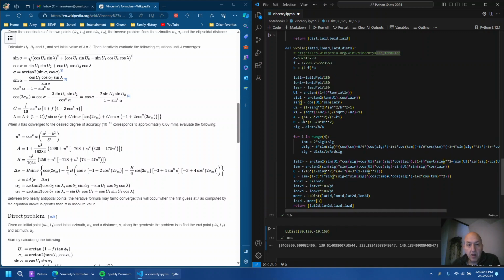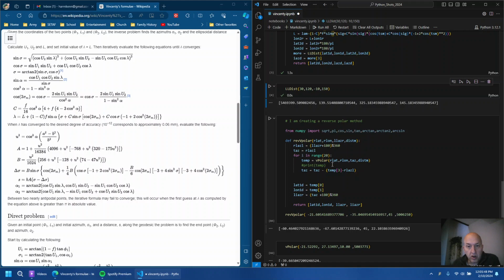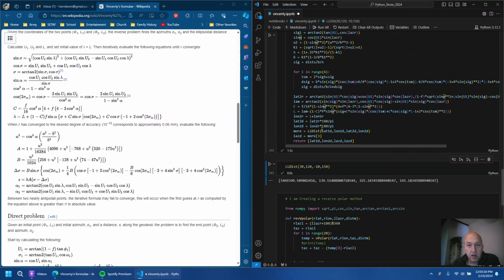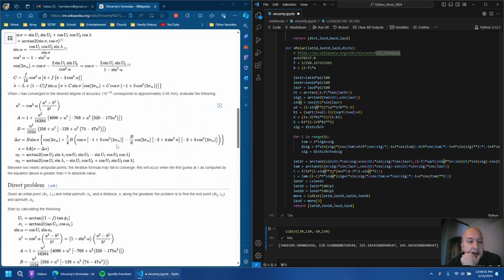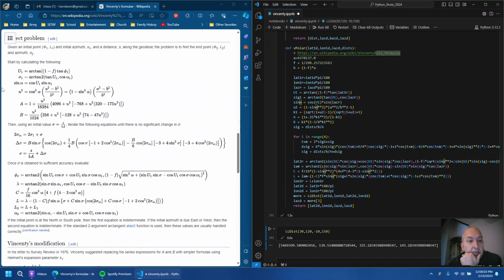Okay? Now we want to do his other problem, which was, what if I have a point, I have a direction, and I have a distance from that point? This is his direct problem here. So I'm going to start out similar. There's my A, my F, and my B. I'm going to turn my direct latitude and longitude into radians.